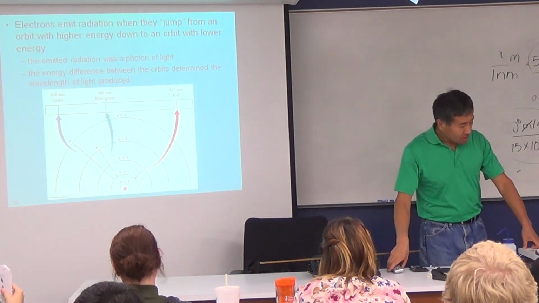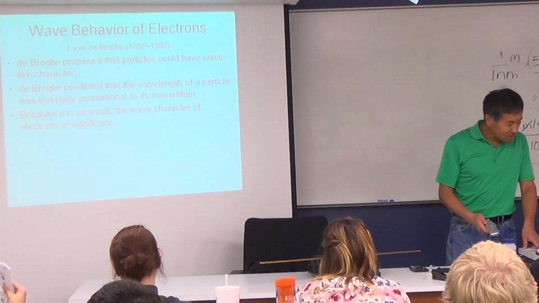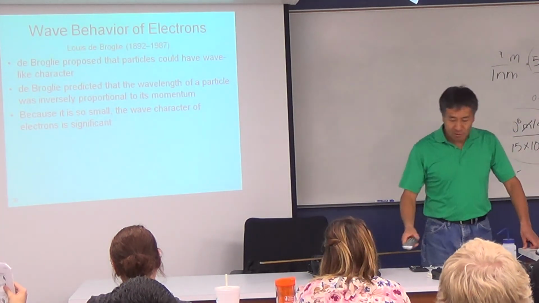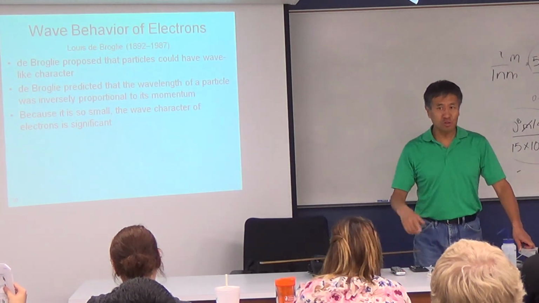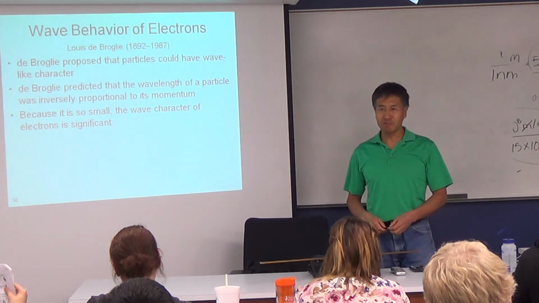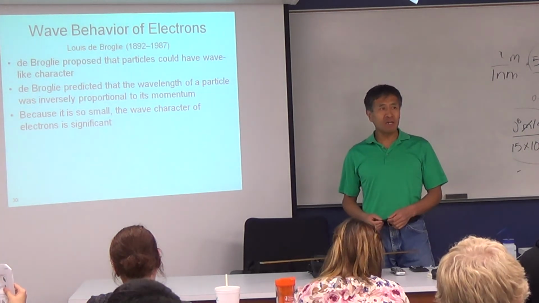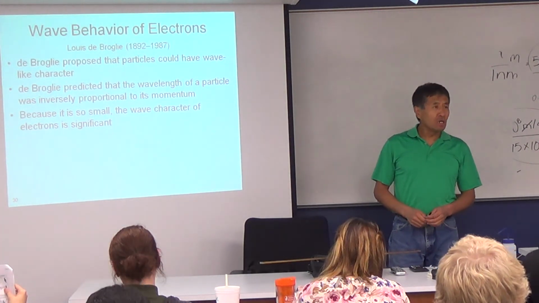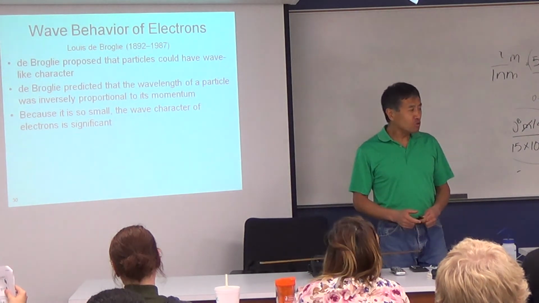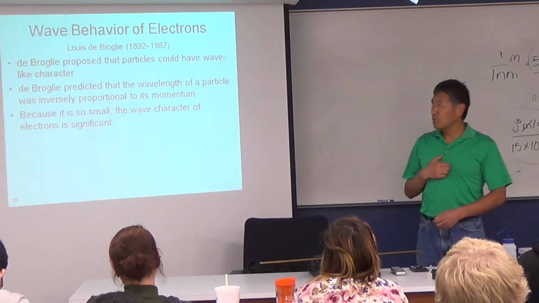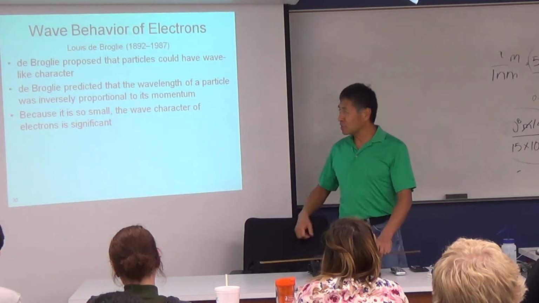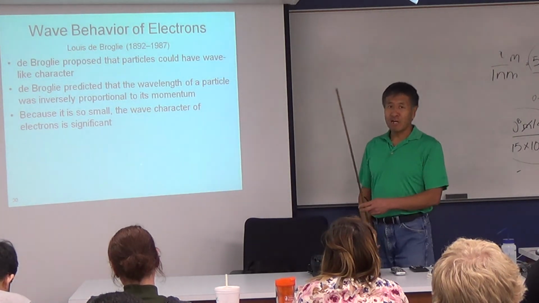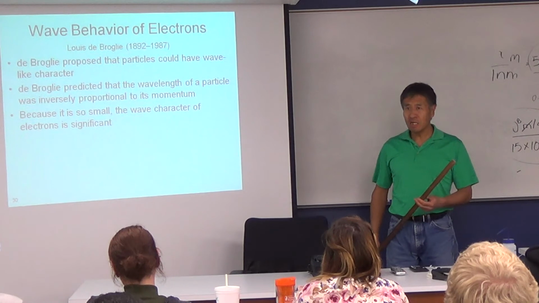So then we have some other models, a new model, the quantum mechanics model. That works better, but still does not solve all the problems. So how did that new model come into existence? Quite a few scientists worked on that.